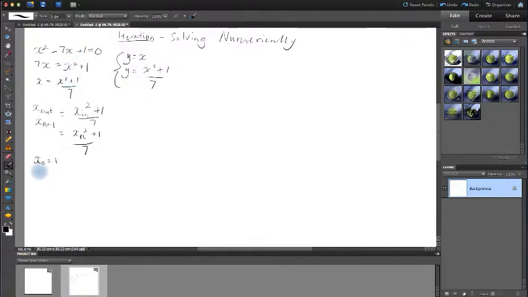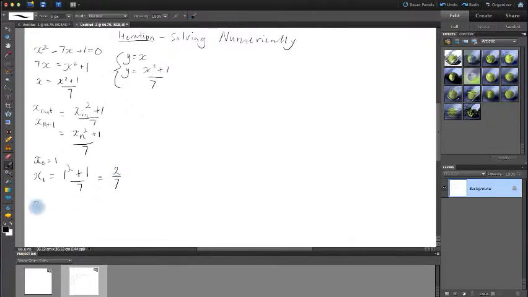If n is 0, then xn plus 1 is x1, because 0 plus 1 is 1. So x1 is 1 squared plus 1 over 7, which equals 1 times 1 is 1, plus 1 is 2 over 7.